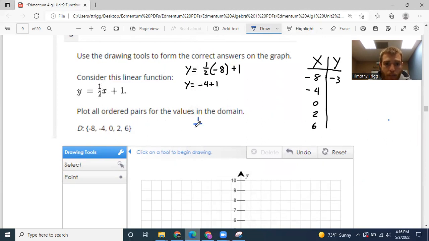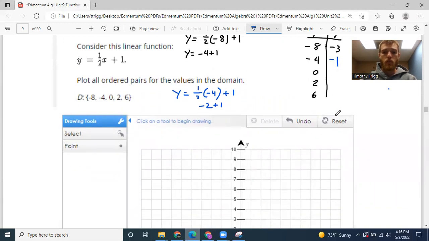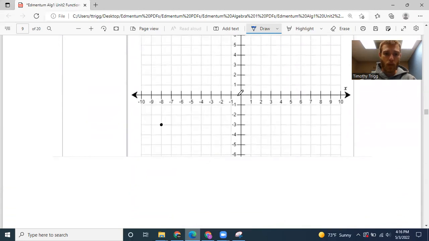So y equals 1/2, replace the x with -4. And then we still have a +1. So -4 times 1/2, that's -4 divided by 2, which is -2, -2 plus 1, which is -1. Okay, so -4, -1. Okay, and so this would be our next point.